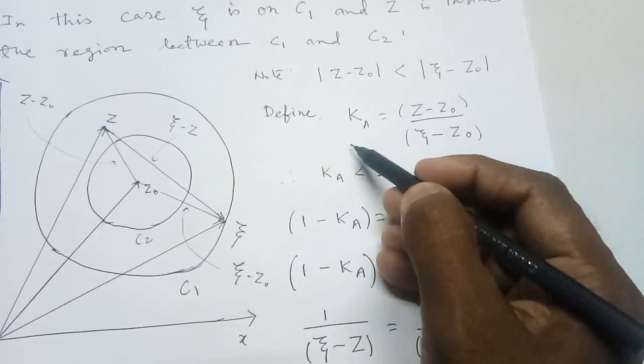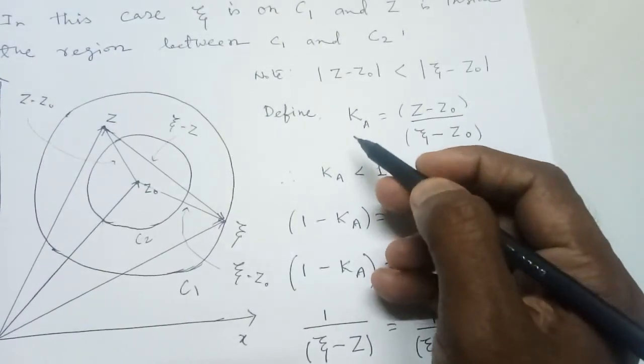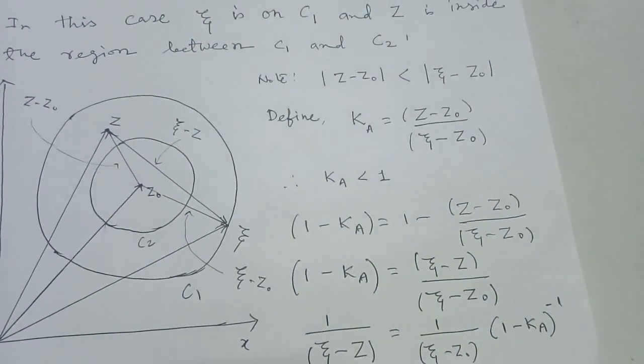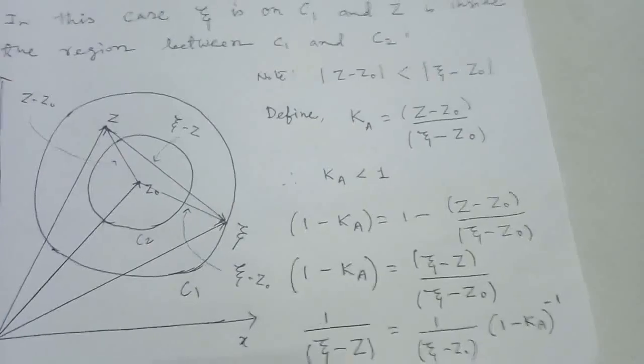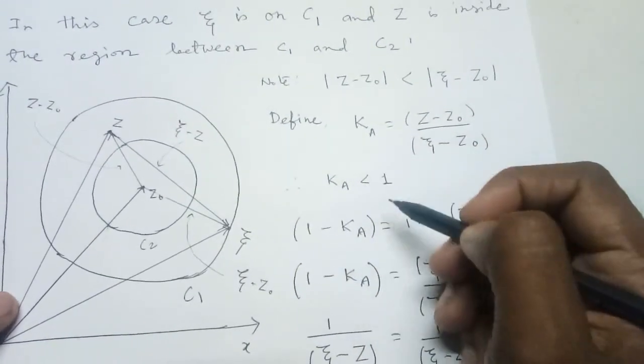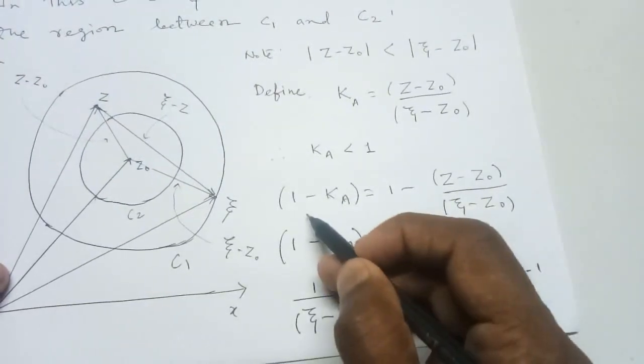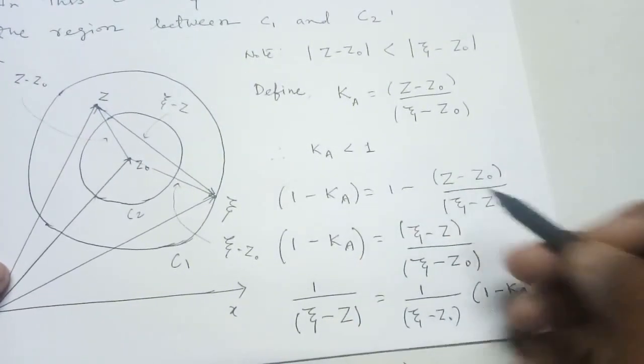Now we subtract this from unity and get 1 minus Ka by this relation.